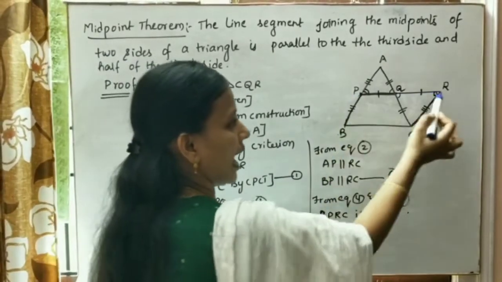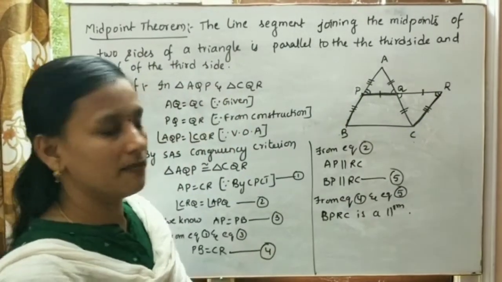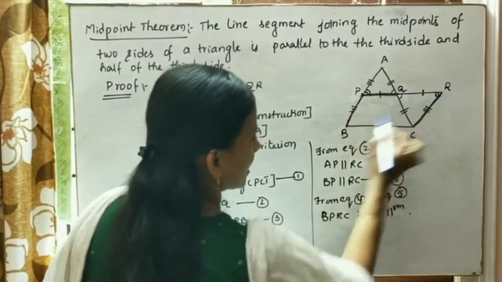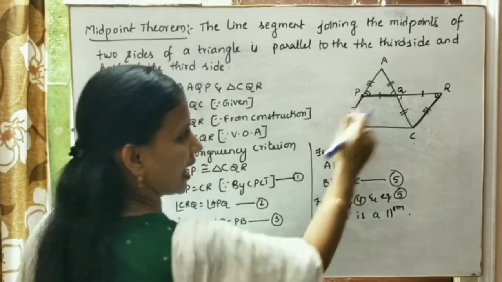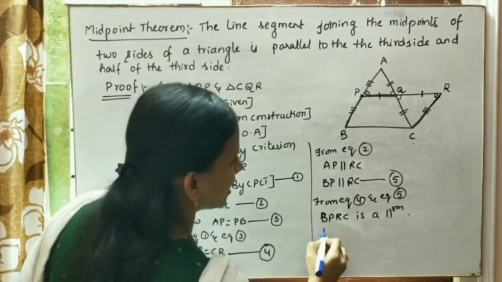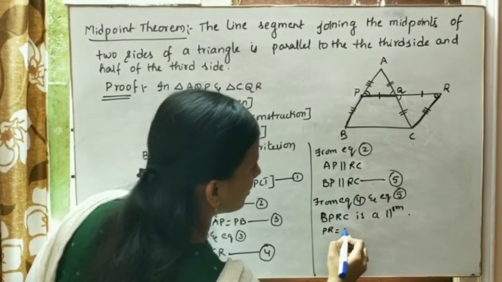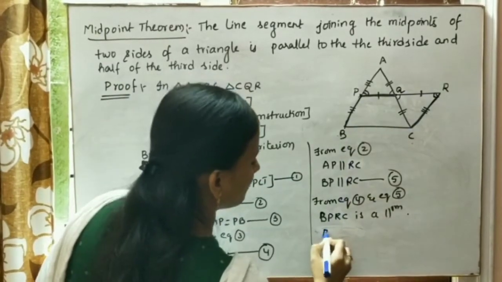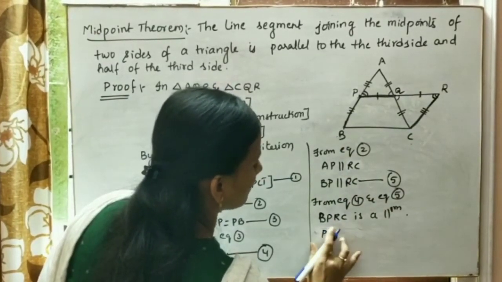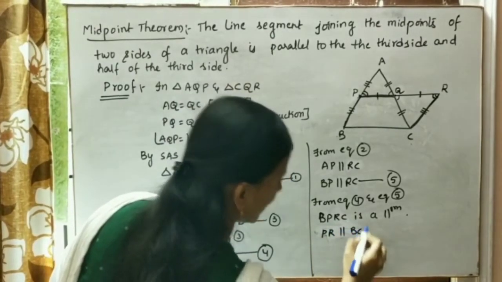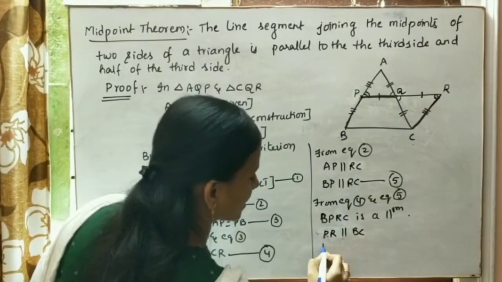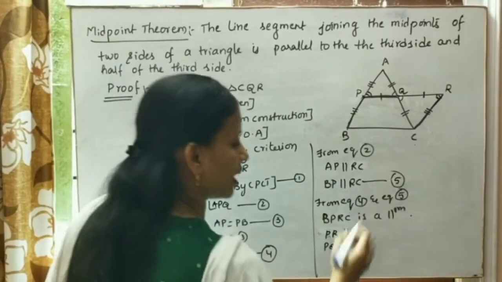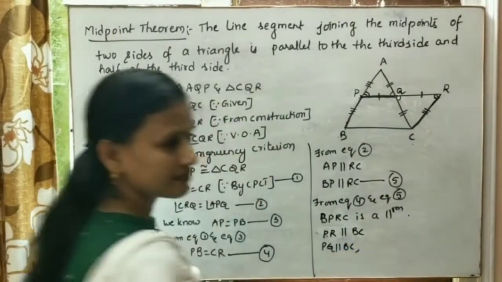If it is a parallelogram, then PR is equal to BC. First of all, PR is parallel to BC. If PR is parallel to BC, we can write PQ is a part of PR, so PQ is also parallel to BC.